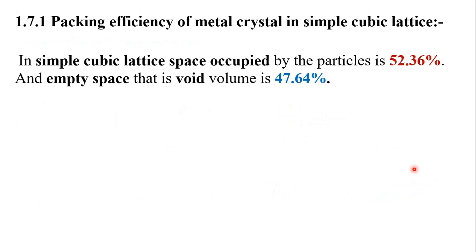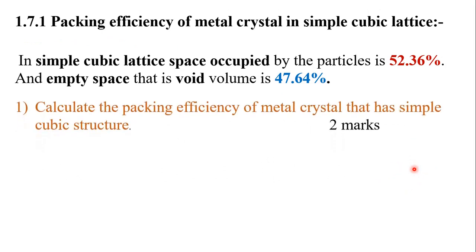So like that you can calculate the packing efficiency. And a question can be asked like this: calculate the packing efficiency of metal crystal that has a simple cubic structure. So it is calculated in 4 steps. Which is the first step? You first have to determine the radius of the sphere.